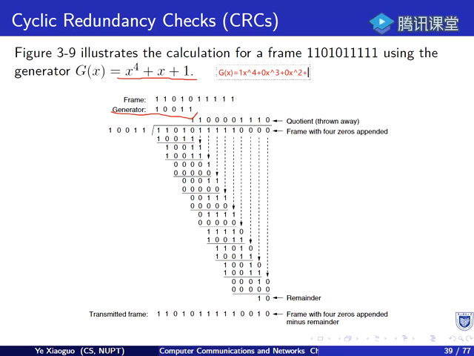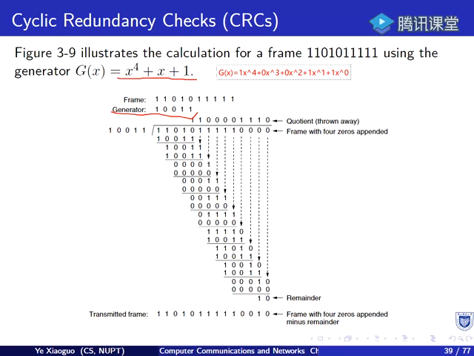Plus 1 times x^1, right? Plus 1 times x^0, right?